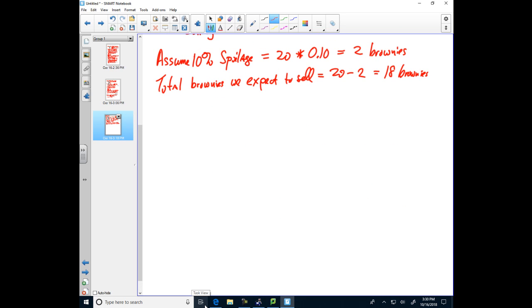The selling price per 1 brownie. Okay, so far I've been doing, the total number of brownies is going to be this. What was it? 25, 28 divided by 18 brownies, which is what we expect to sell.